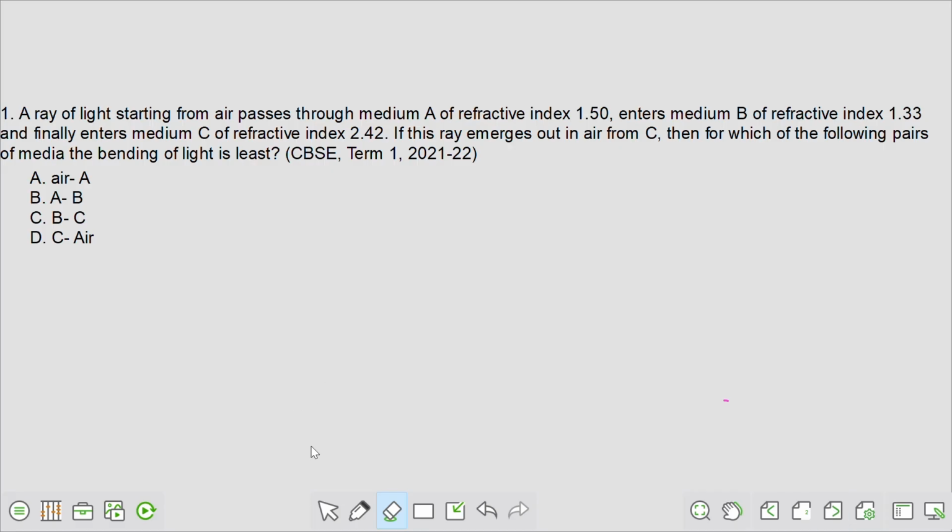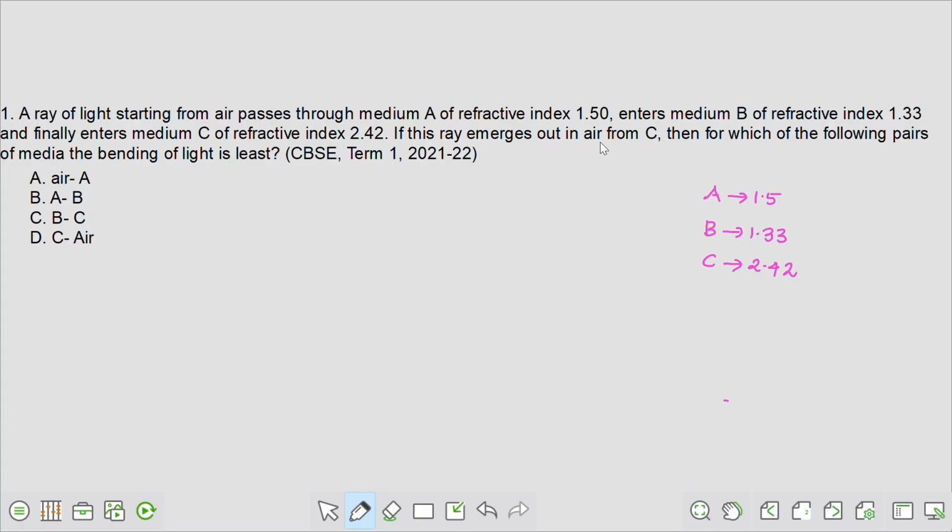Here is our first question. Let's understand what it is. A ray of light starting from air passes through medium A of refractive index 1.5, and enters medium B. B has refractive index 1.33 and finally enters medium C of refractive index 2.42.